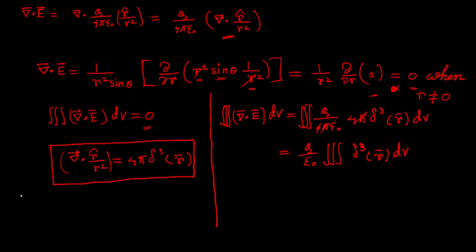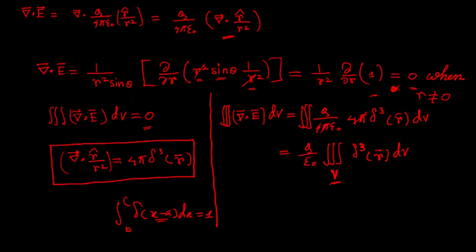Now for the 3-dimension case, just like the 1-dimension case, when we integrate delta x minus a dx from b to c, that will give you 1 when the point x equals a lies between b and c. Same way for 3 dimensions, if the position of the peak of the Dirac delta function lies within the volume over which we are taking this volume integral, then this integration will be 1, and otherwise it will be 0.